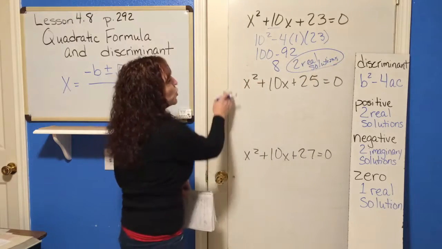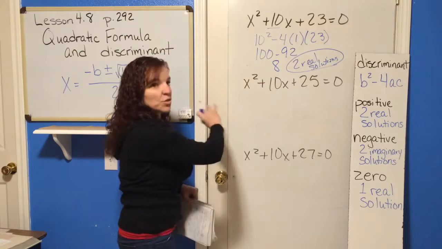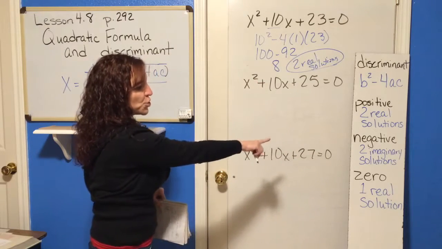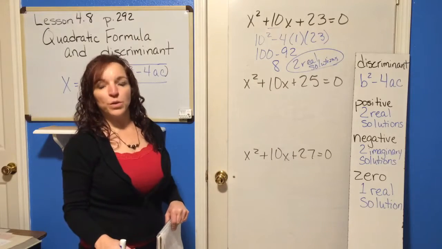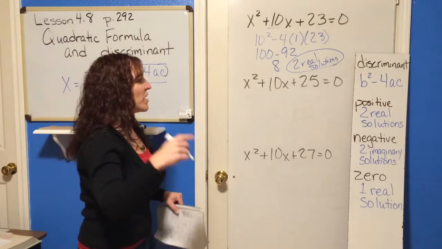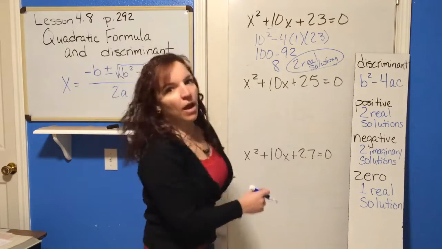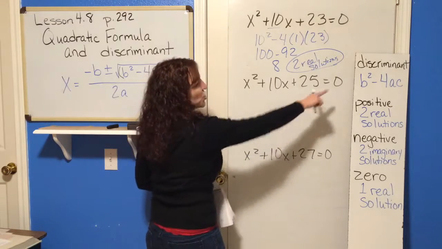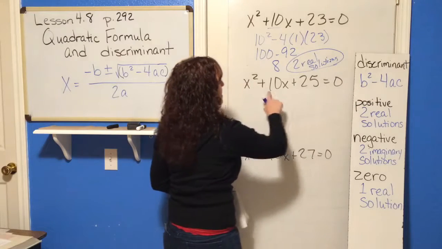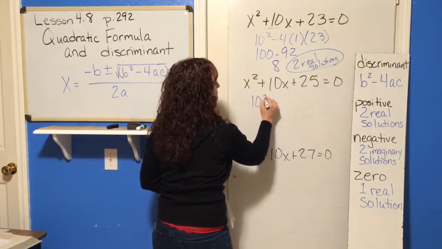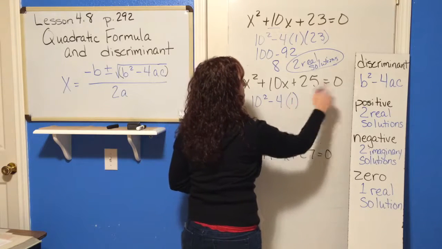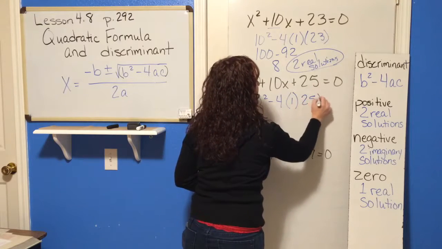All right. So you figure these two, work the discriminant, and then determine, are you going to have two real solutions, two imaginary solutions, or one real solution? All right, work them, then come back. And now here we are back. All right, so now once again, just b squared minus 4 times a times c. B squared is 10 squared minus 4 times a is 1 times c is 25.